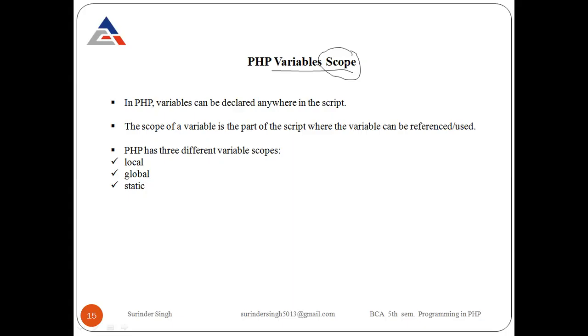Okay. Actually, scope means visibility. Scope means visibility, in which portions of the program a variable can be accessible. Clear? There are actually two words, one is scope and the other is lifetime.